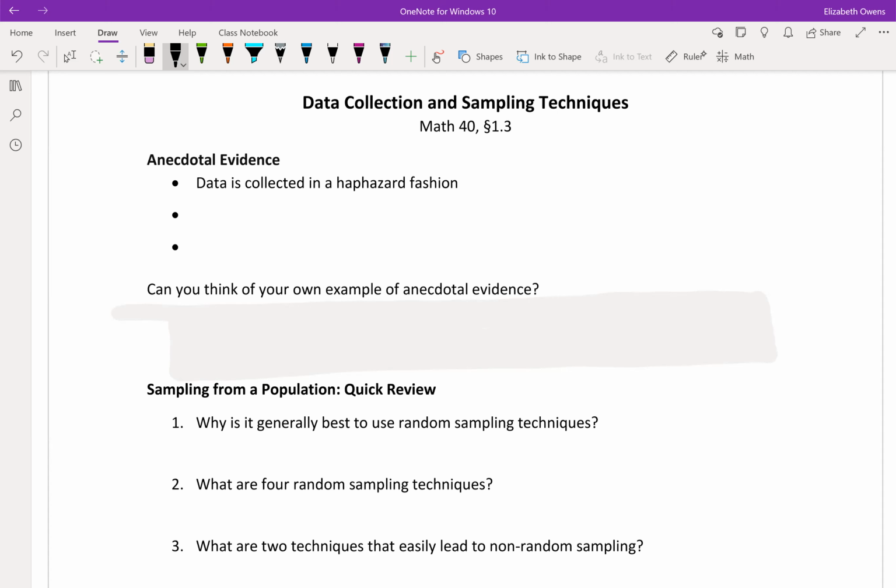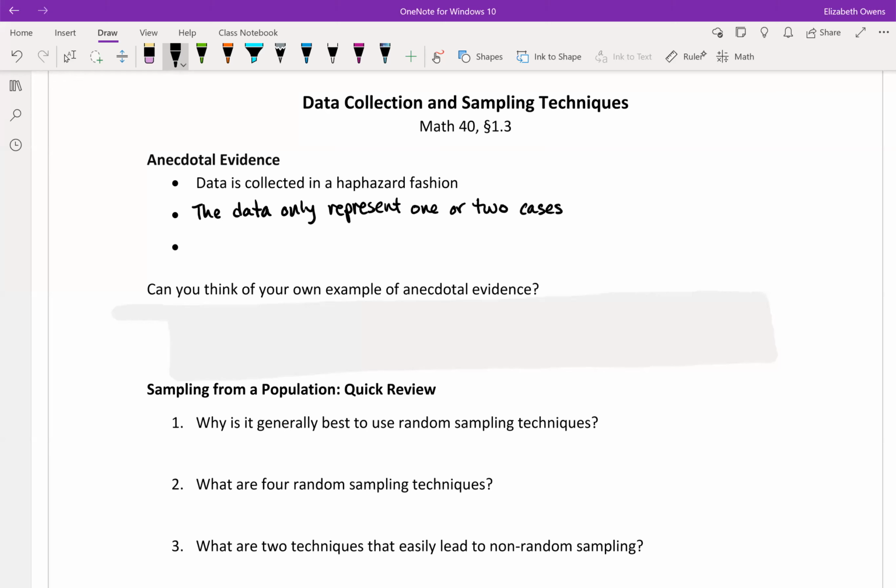This is just anecdotal evidence. So an anecdote is like a little story. So it's just haphazardly collected, and the data here are really not a huge data set. The data only represent one or two special cases.